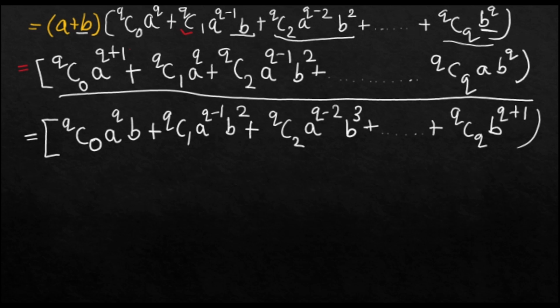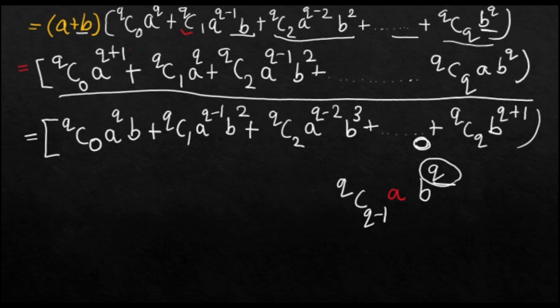This is our last term. Write the previous term here, QCQ minus 1. The power of A will be Q minus 1, because it will take us one step behind, and that's what we want. A will appear in this previous term, and B will be Q. How is this Q?